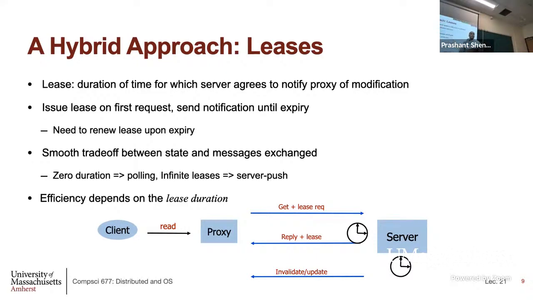When a proxy first fetches a copy of the page, the server not only sends the page, but it also sends a lease with the page. And the lease is for a fixed duration. What the server says is for that duration, it will agree to send push-based messages if the page changes in that time. So you can say, here's a lease for 6 hours. If the web page changes anytime between now and 6 hours from now, you will get a notification.